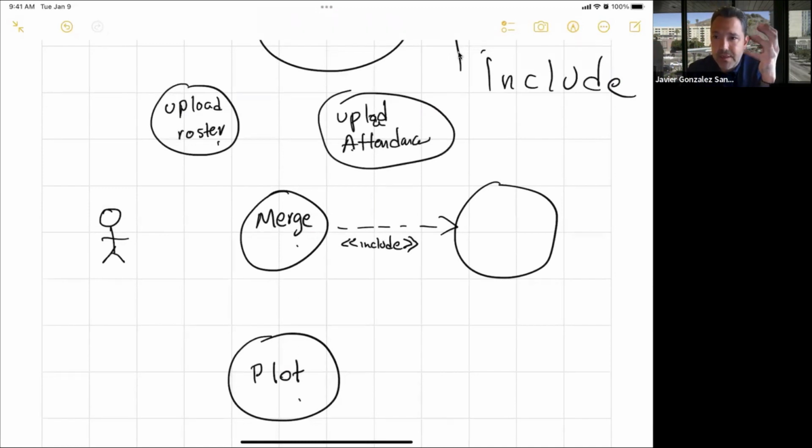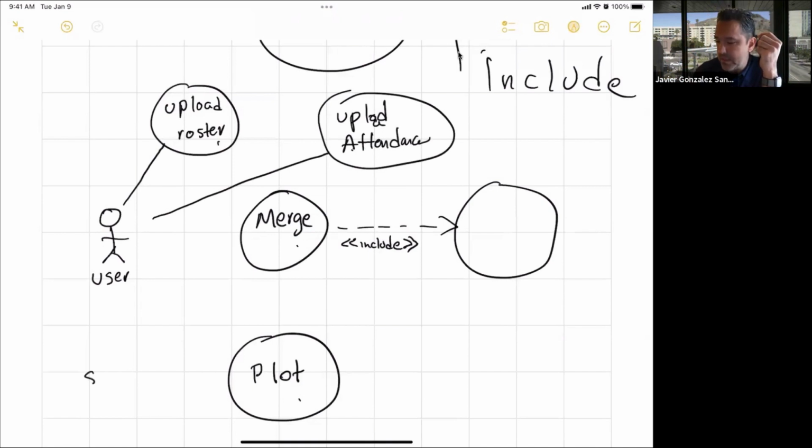Inclusion and validations. I think you could agree with me that I have a user, and one requirement is to block the roster. It's something that the user wants to do. I am going to make this connection. Guys, never, never, never can a node in a diagram be alone, disconnected. It should be connected with something. Something that the user can do is to upload attendance.